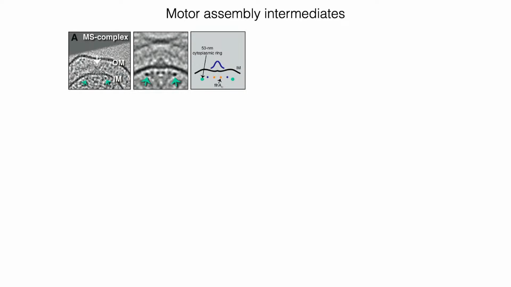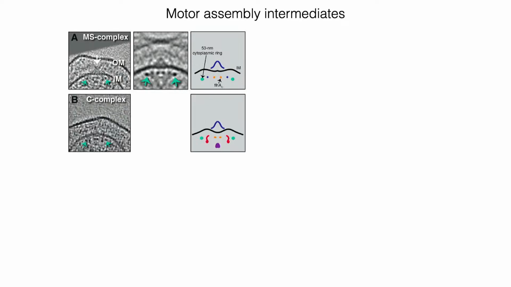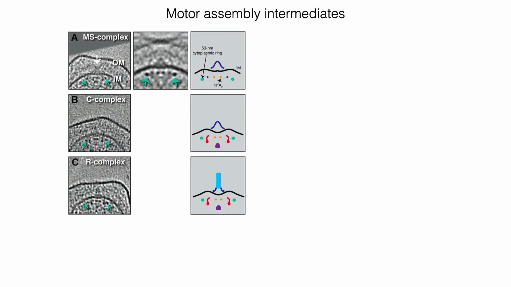He calls it the MS complex because it has the MS ring, and then it also has FlhA in the cytoplasm, and it has the first protein of the C ring called FliG. So here's a schematic. This is a subtomogram average of several, and the schematic is the first one he can recognize. Then he can recognize the next step, which is when the other two proteins join the C ring. He can recognize the next step where it starts to elaborate the rod.